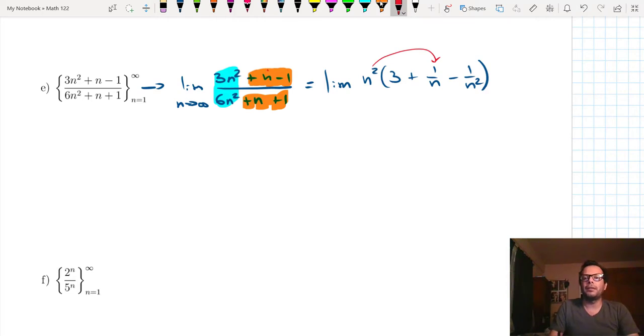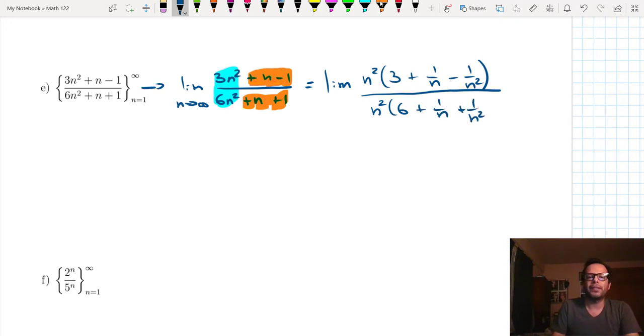And then n squared times 1 over n squared, the n squares cancel and we get simply minus 1. If we think about this in a backwards way. And likewise for the denominator, factor out n squared, 6 plus 1 over n plus 1 over n squared, as n approaches infinity.